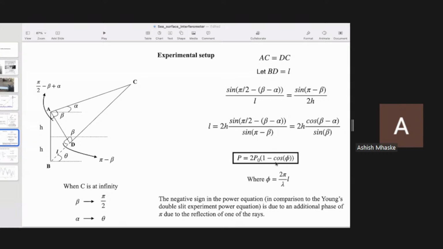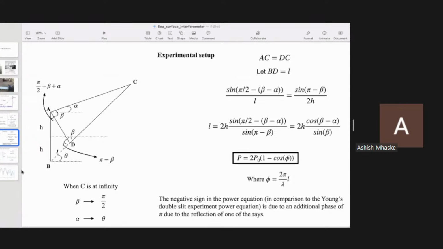So this is the model that you have, and now you basically have to take measurements. There are some known quantities, and there are some measured quantities. Now in this L you see these angles beta and alpha are mentioned.